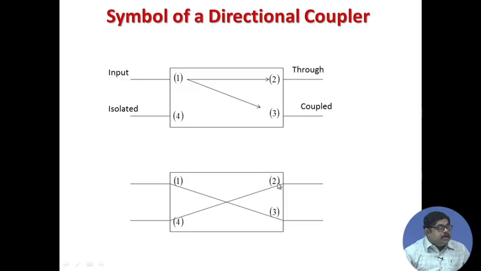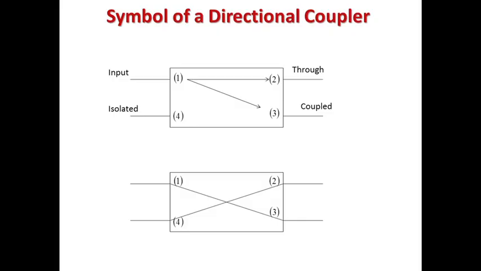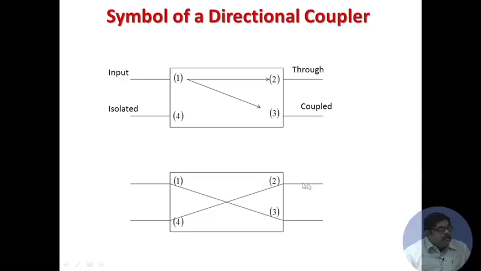Now, you can ask why I would give power at port 2 when I am giving it at port 1. True, but that power is going to port 2, and then if there is a mismatch, you see, we have designed the ports to be matched, but sometimes the load or other things are not in our hands, because we have designed up to this port, but after that, instead of a matched load, if there is some other load, then power will come back.